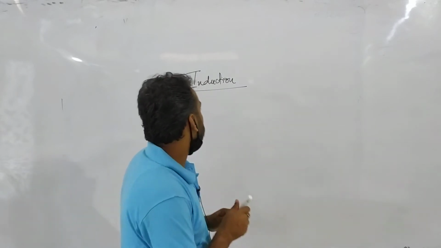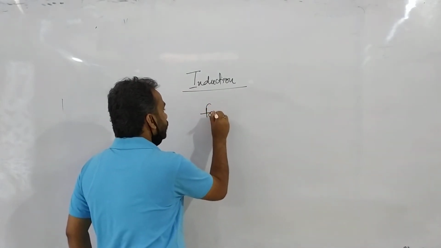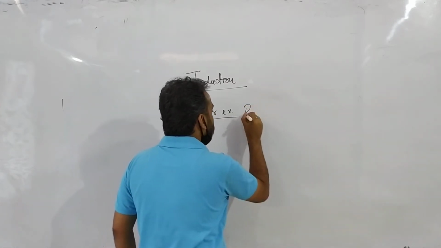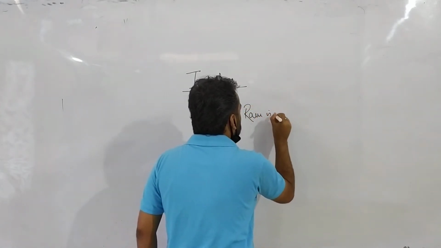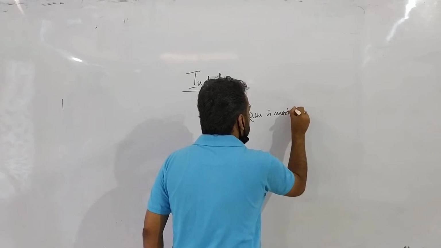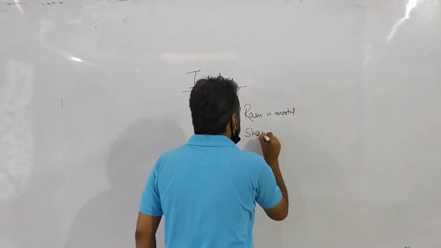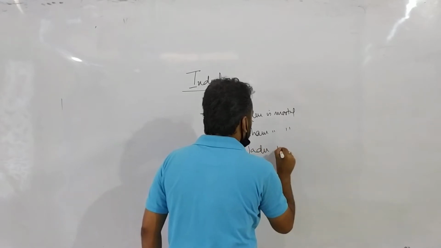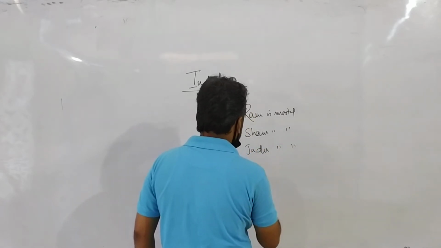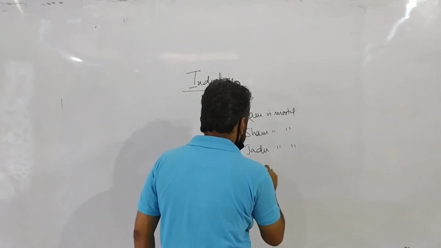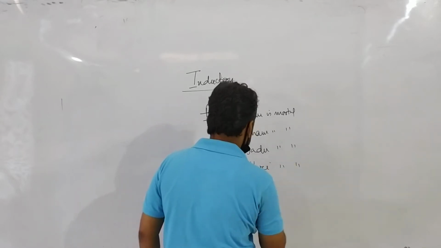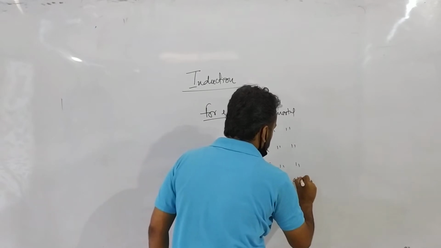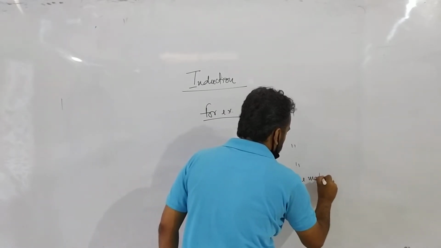For example, Ram is mortal, Sham is mortal, Jadu is mortal, Hori is mortal. Therefore, all men are mortal.